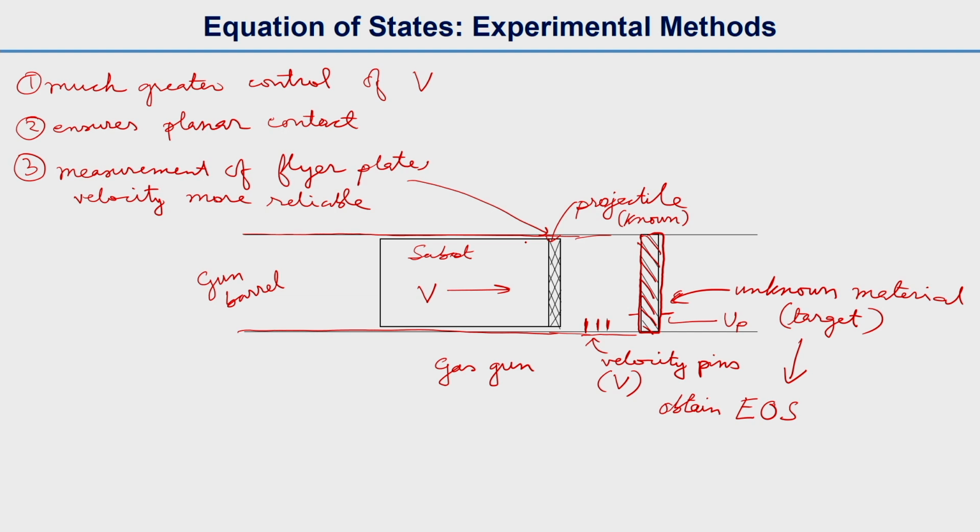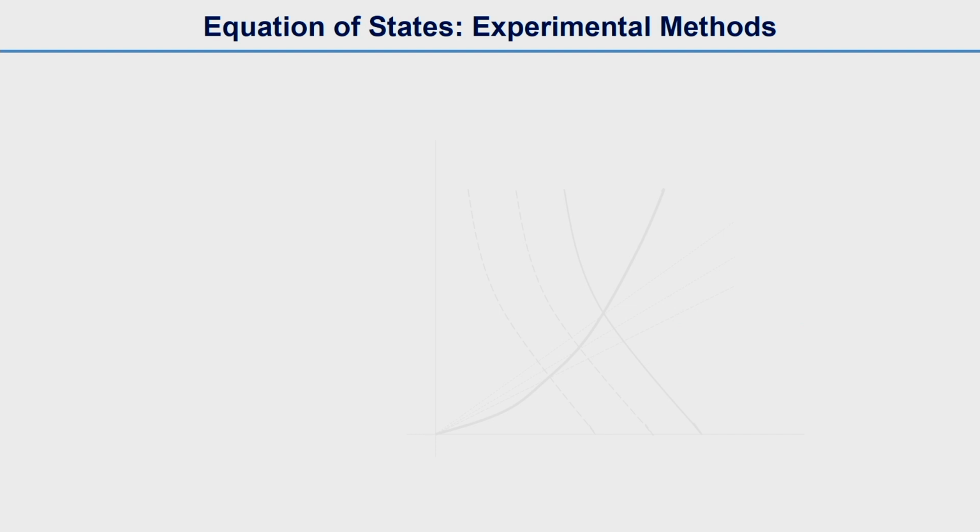Then we will use the impedance matching technique after this experiment. The experiment will give us the particle velocity and the wave velocity. Earlier we discussed the impedance matching technique.